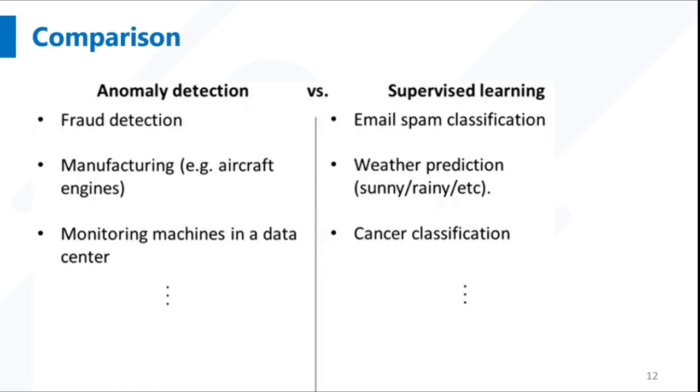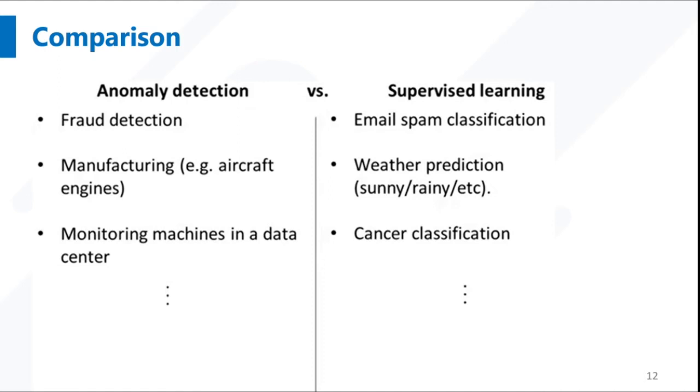But if you see in your system that fraud cases are as many as non-fraud cases, then you should move this problem to supervised learning. It depends on how many fraud cases are coming in the near future.